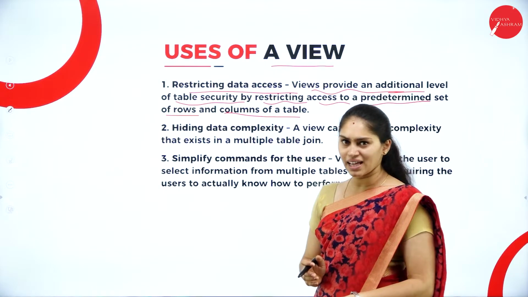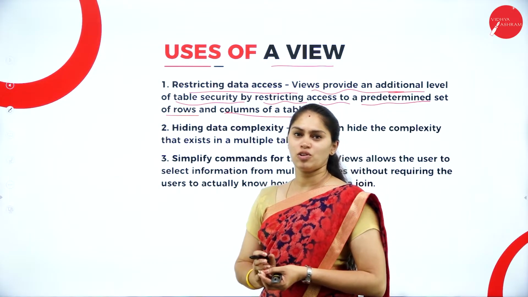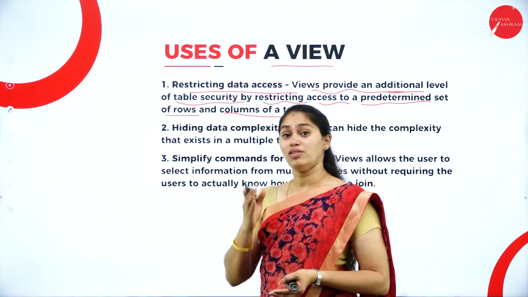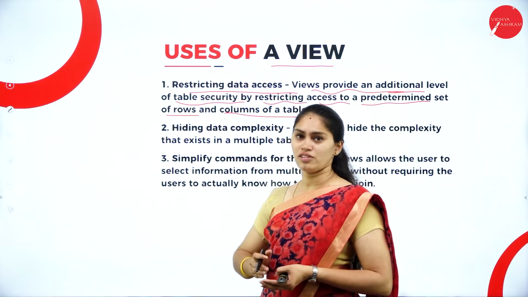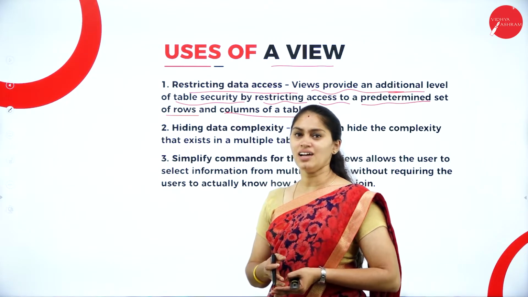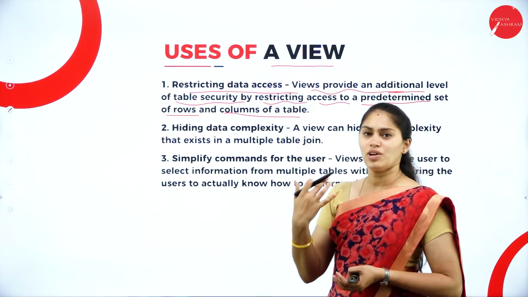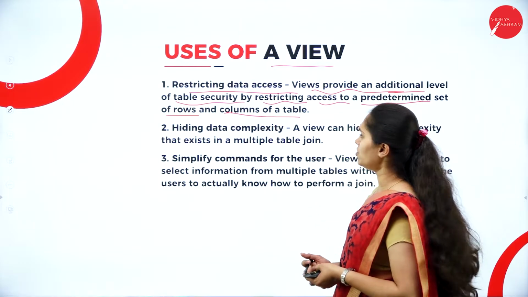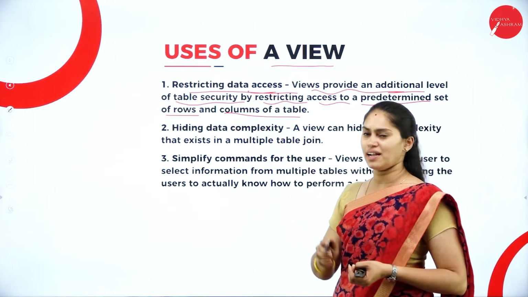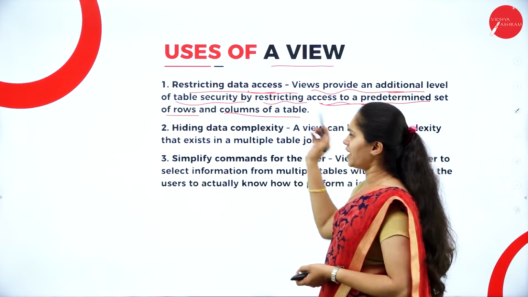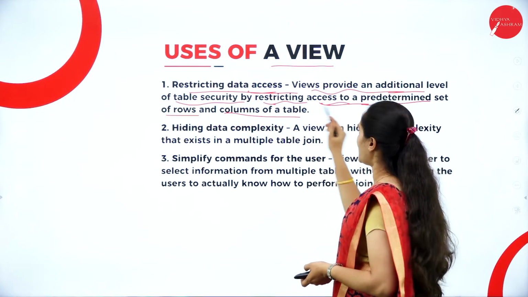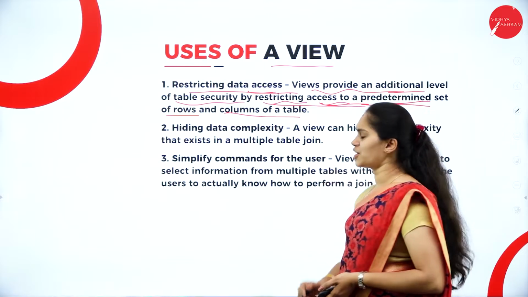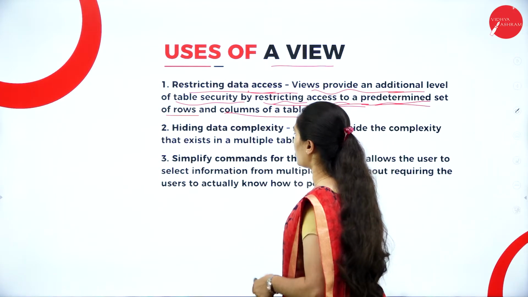If I am applying a set of regulations and rules for a whole table or for particular columns or rows of a table, then we can call that a table constraint. So it has that feature. It restricts the accessibility of data, and also provides table level security by restricting access to a predetermined set of rows as well as columns of a table.